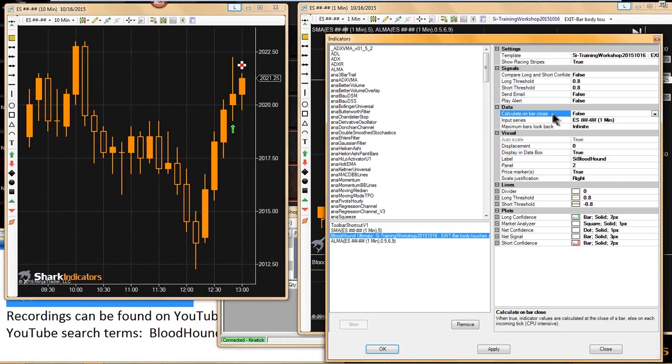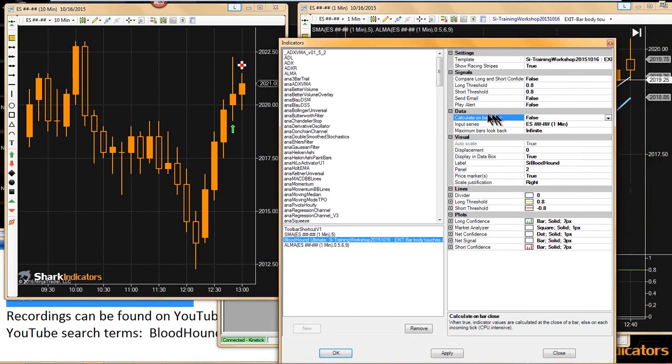So you'll have to change your calculate on bar close setting to false to get the data of the 10-minute bar that's building. To get the data for the bar that's building on a higher time frame, you have to set this to false.